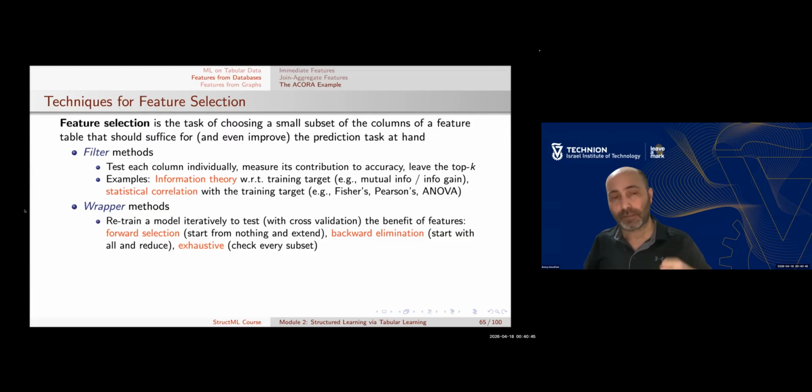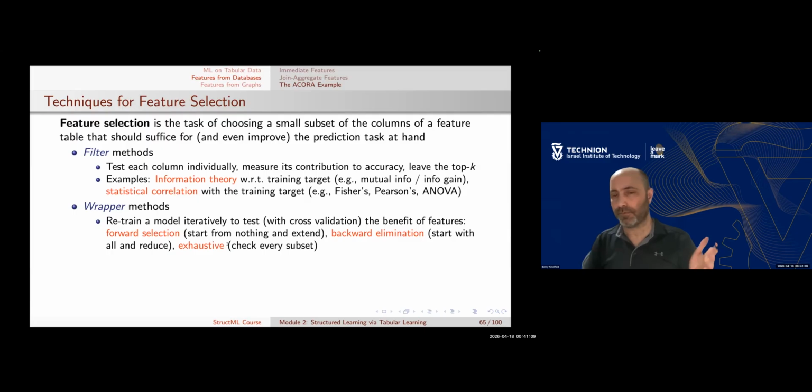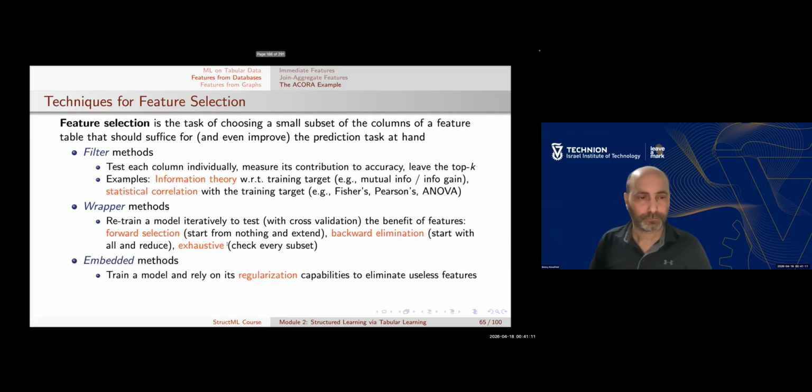And then I'll select the next feature and the next feature again. So that's forward selection. You can go backward and say, let's start with all of the features. And then try eliminating different features and eliminate the ones where I'm losing the least information or actually improving my accuracy. I can think of exhaustive ways. For example, check every subset of some set.